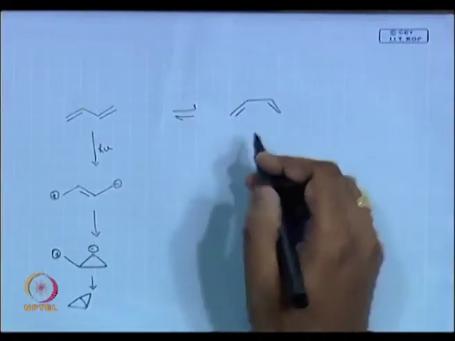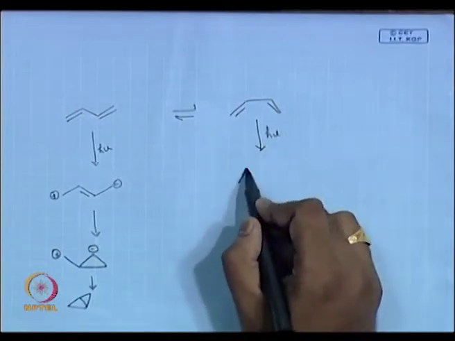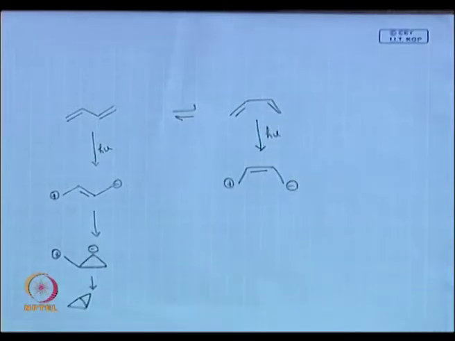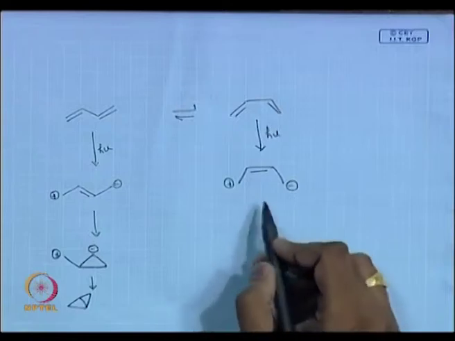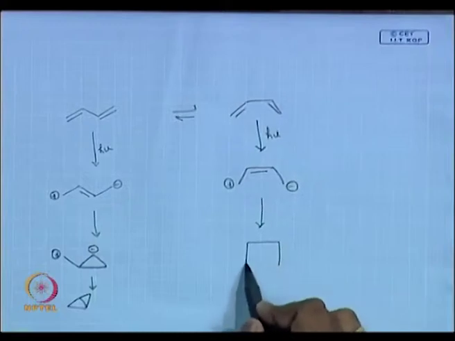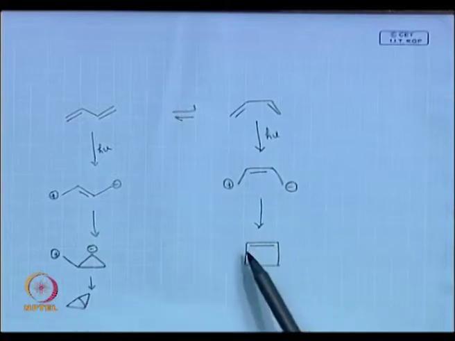In this case you are irradiating this form to get this, and when I irradiate this one, because this is also in the solution, you get this product. So, basically when you are photolyzing, this is direct excitation, you get these two products.